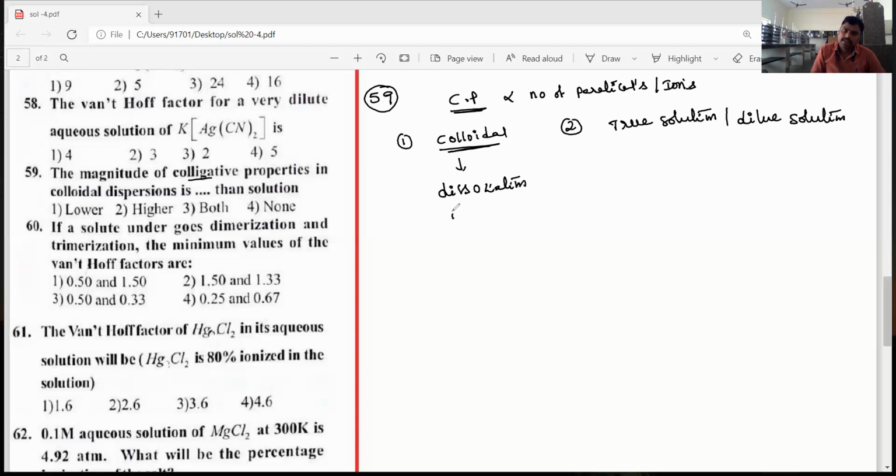In true solutions, the solute dissociation is more, and the number of particles is more. Here, the number of particles is less.